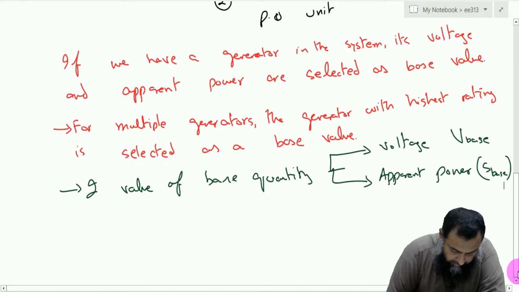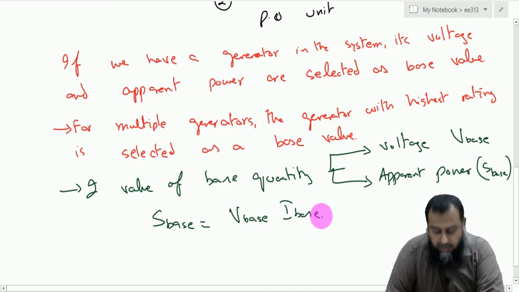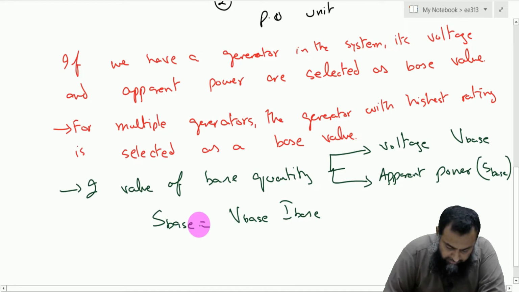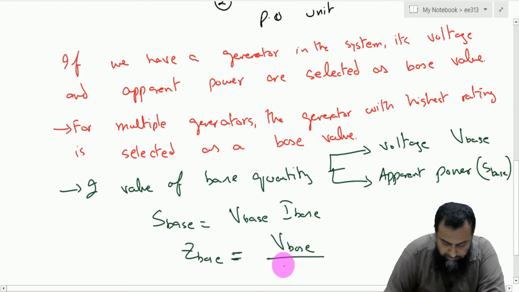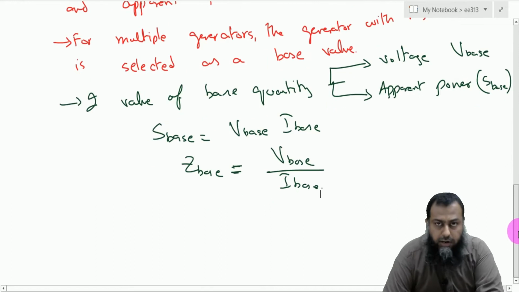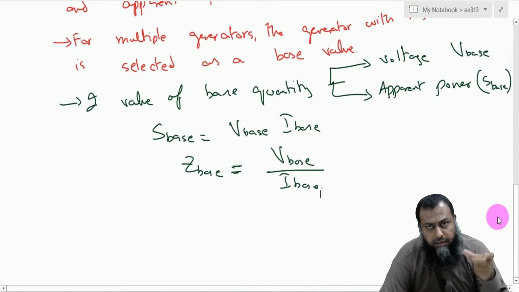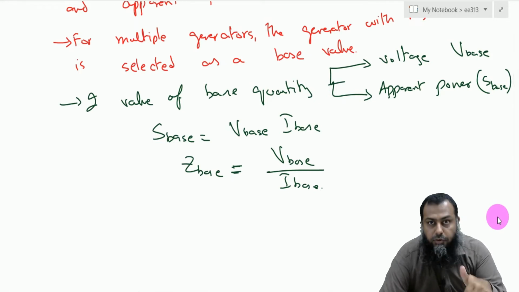We know that S base is equal to V base into I base, and hence we can find the current for a particular base value. Similarly, I can find this Z base, which is V base over I base. So this is the per unit system. We require two values and then we convert into the per unit quantity.